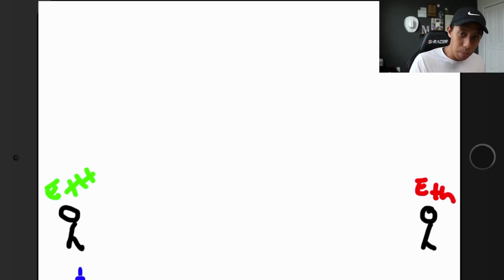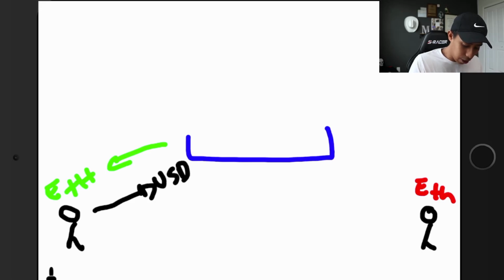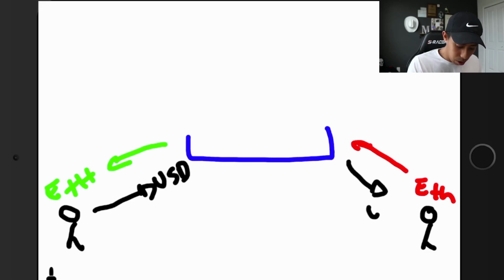And so Uniswap, what they do is they create something called a liquidity pool, right? And a liquidity pool is where these two individuals trade to. So if this person wants to buy ETH, right, incoming ETH, they want to go outgoing, let's just say US dollars, okay? And if this person wants to sell their Ethereum, they want the incoming US dollars, okay?